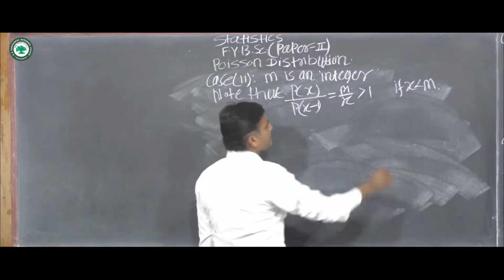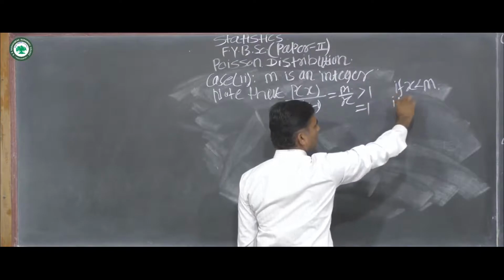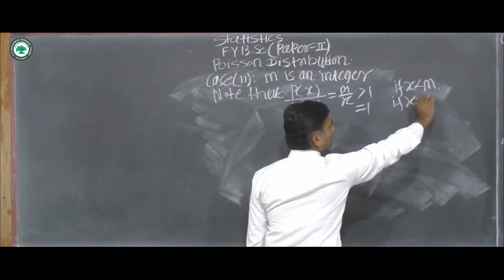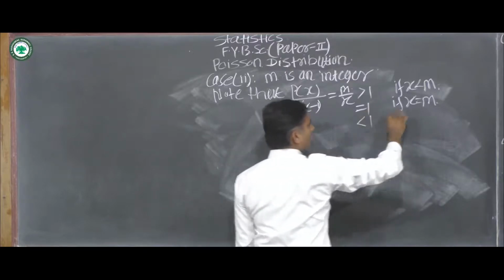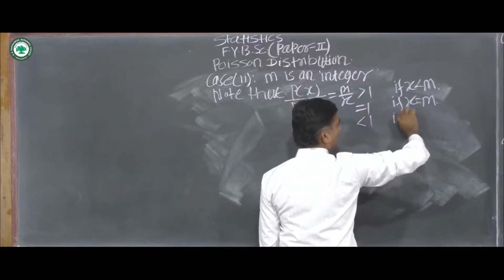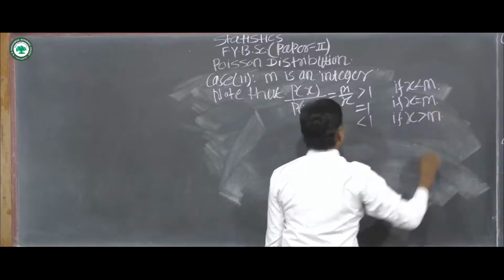This ratio is equal to 1 if x equals m, and this ratio is less than 1 if x is greater than m.